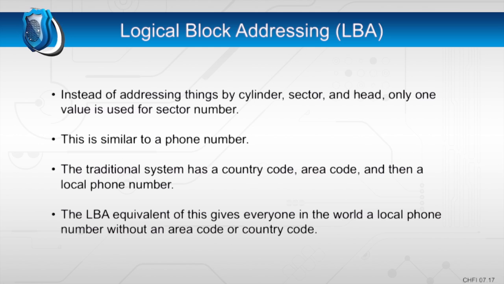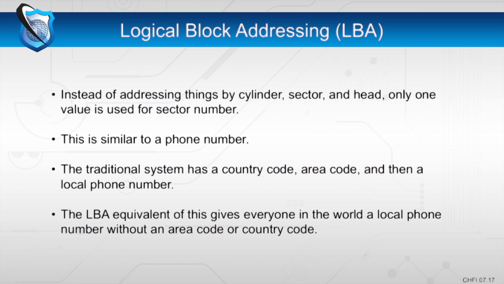So instead of addressing things like cylinders, sectors, heads, only one value is used for each sector number. And it's kind of like a telephone number with a country code, area code, and then a local phone number. And that's how the logical block addressing is set up. You don't need to know how to do the calculations on logical block addressing because it's all done by the manufacturer and abstracted from us, and we don't care about it.